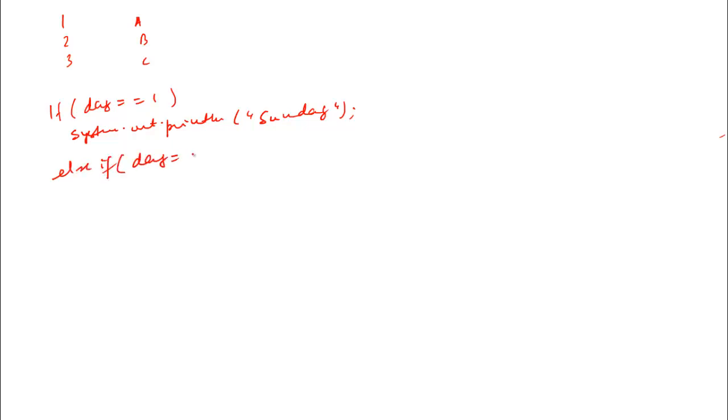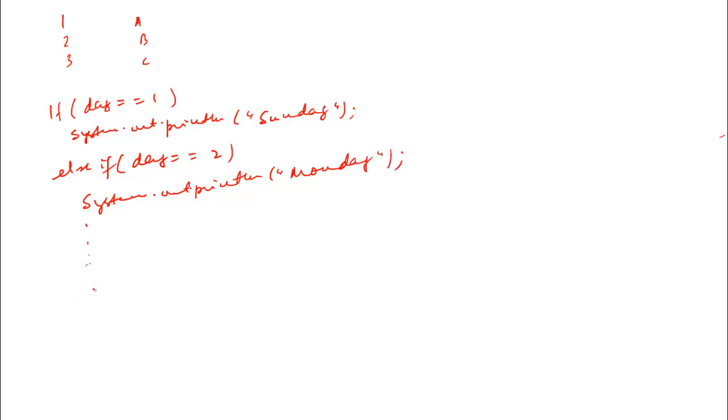So if I write here if day equal to 1, then I have to print System.out.println Sunday. Else if day equal to 2, System.out.println Monday, like this.